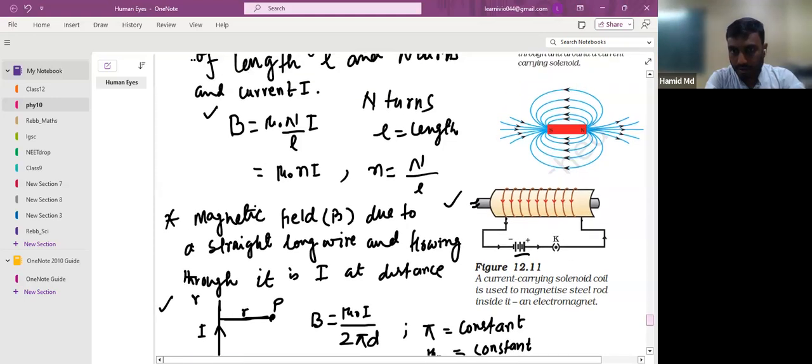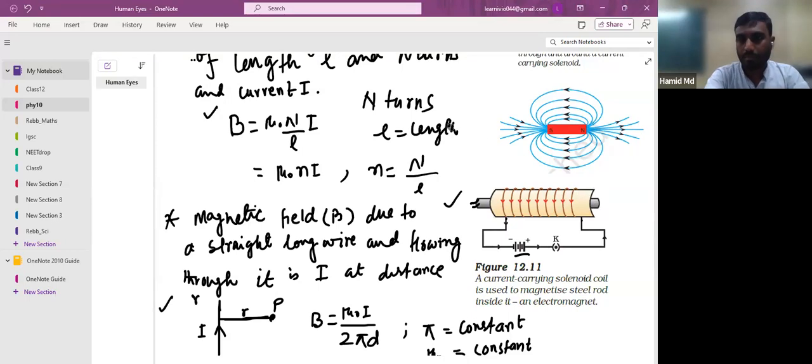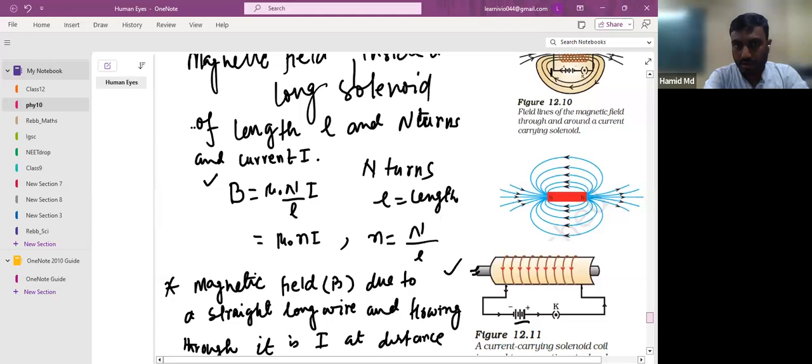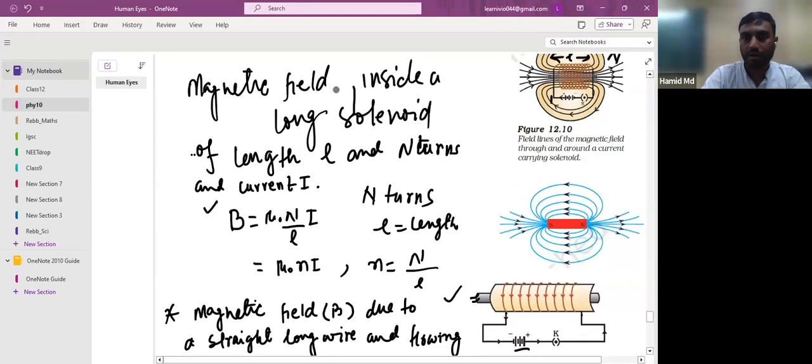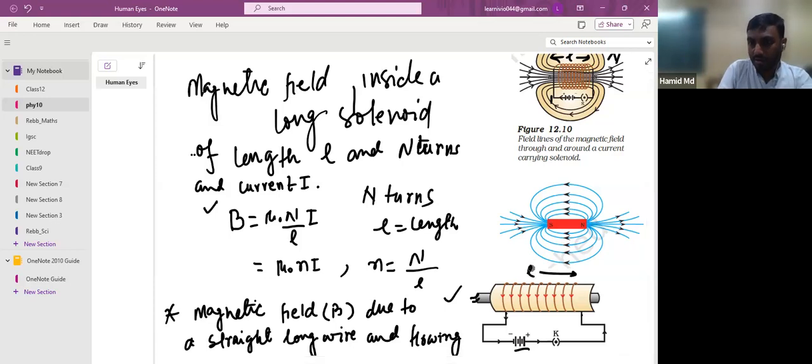You know that this is a solenoid. As we pass the current, the current will produce a magnetic field, right? So this is the value of the magnetic field inside a long solenoid of length L. Suppose it has length L, and the total number of turns is capital N. I have written N as the turns, L as the length, and current I is passing through it.